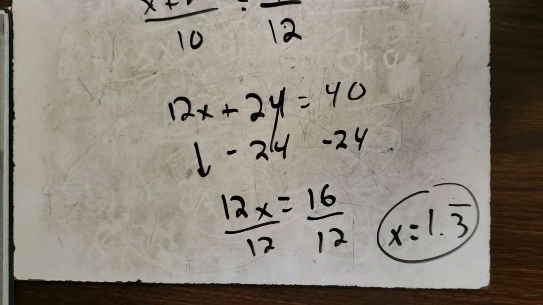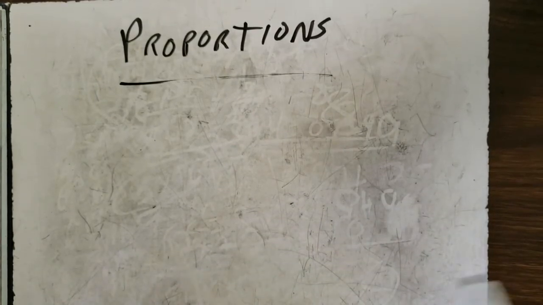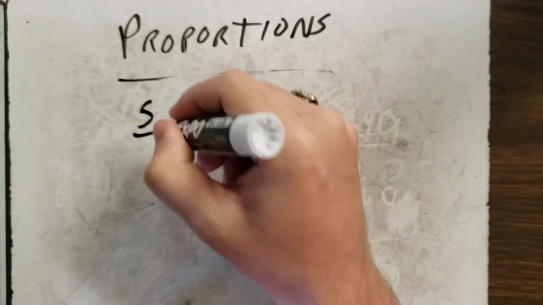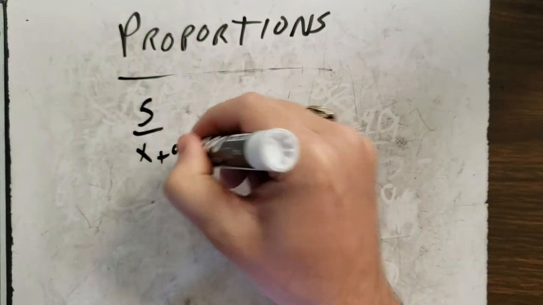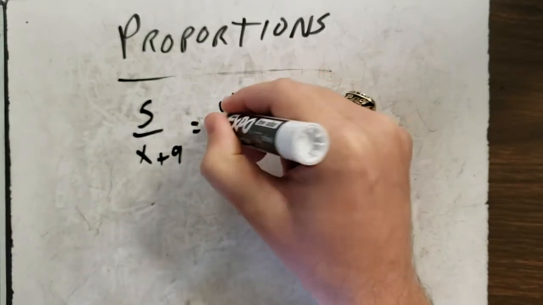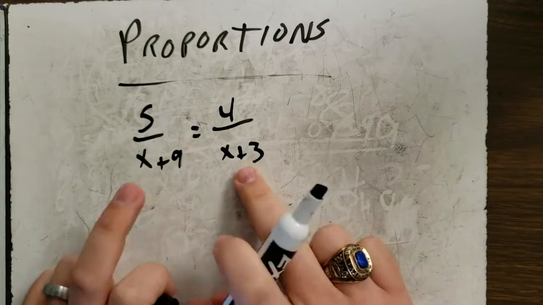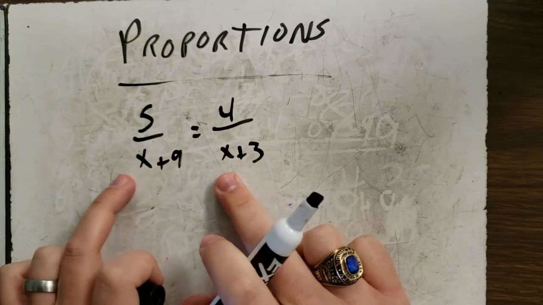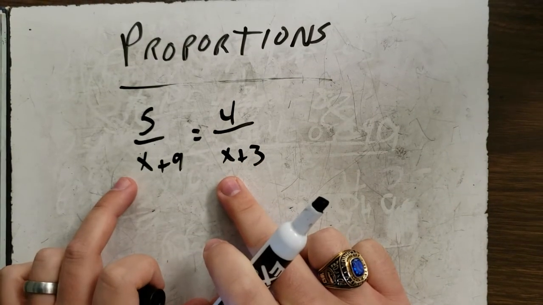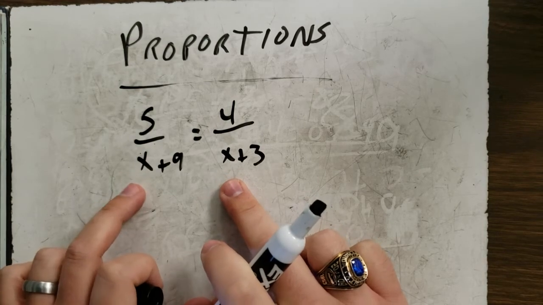So let's do one more example: 5 over x plus 9 equals 4 over x plus 3. Now we have two sets that we're going to have to distribute. We're going to have a multi-step equation here, which is okay. We know how to do those.